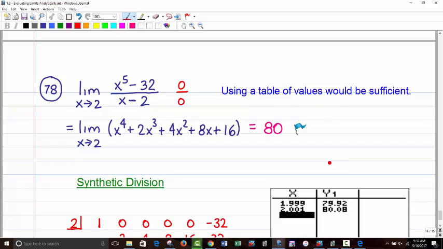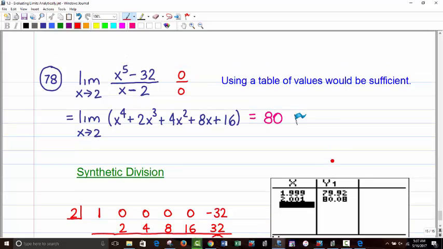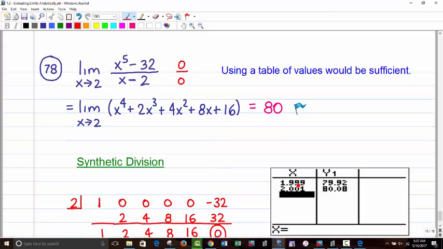Now this next one, I probably wouldn't put this on an exam, but I thought it was kind of interesting because it goes back to an old algebra technique called synthetic division. You could certainly look that up on YouTube if you want to see a video of how it's done. But you could actually do this one with a table of values.